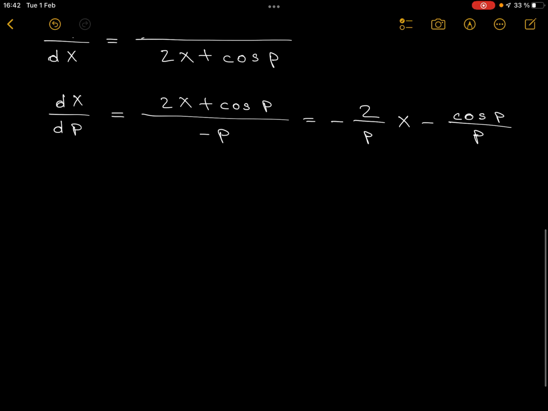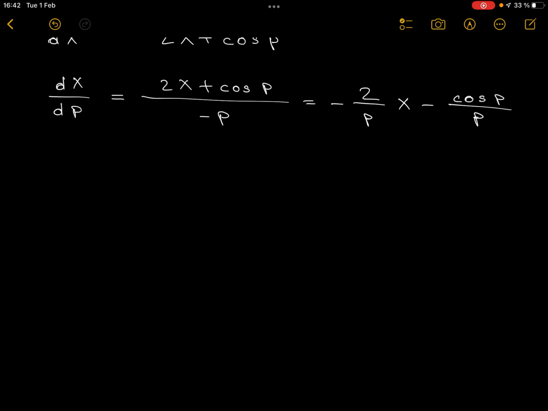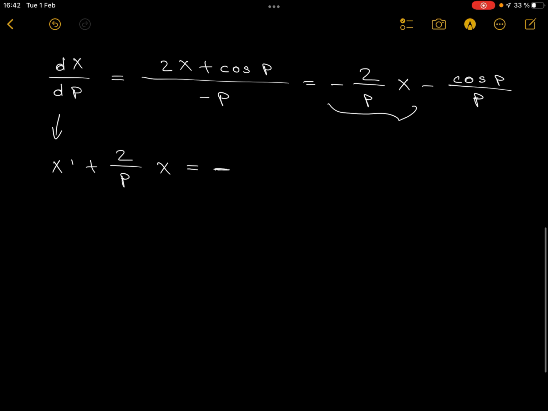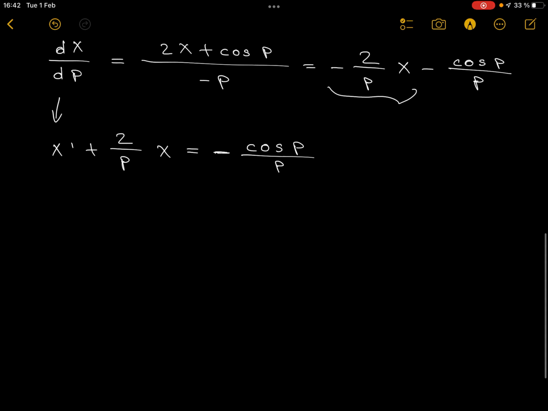Okay? Now, we can rewrite dx over dp as x prime, and we'll put this to the other side, plus 2 over p times x is equal to minus cosine of p over p.